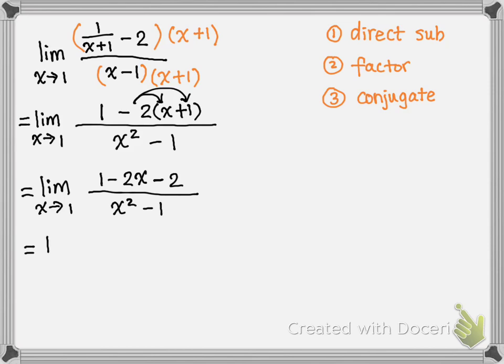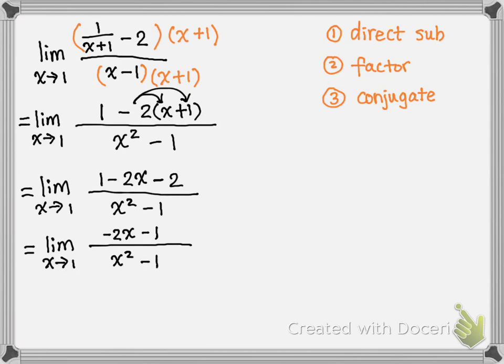Now we continue, we get the limit as x goes to 1. On the top, we get negative 2x minus 1. In the bottom, we get x squared minus 1.